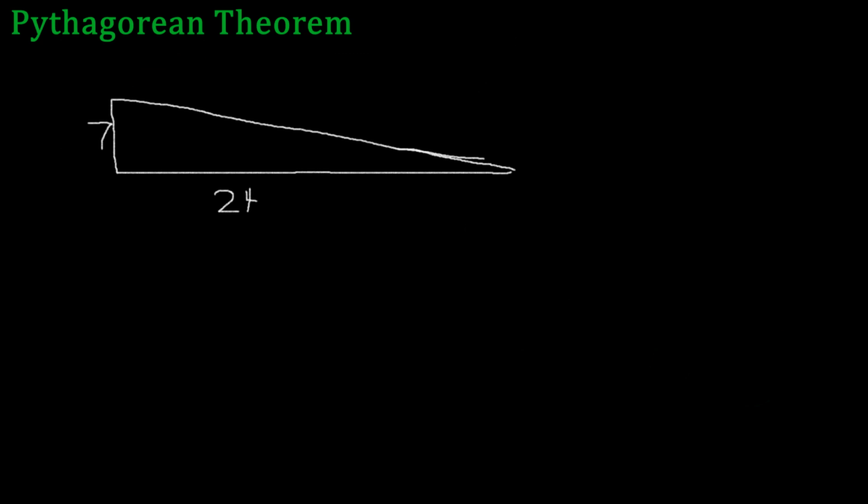Okay, so what we need to do is a squared plus b squared equals c squared. 7 squared plus 24 squared equals c squared. So we know that 7 squared is 49 and 24 squared is 576.